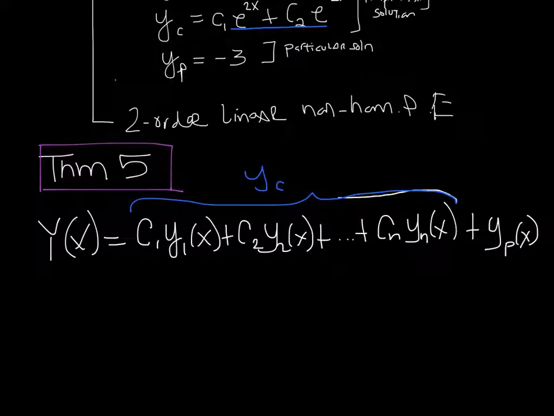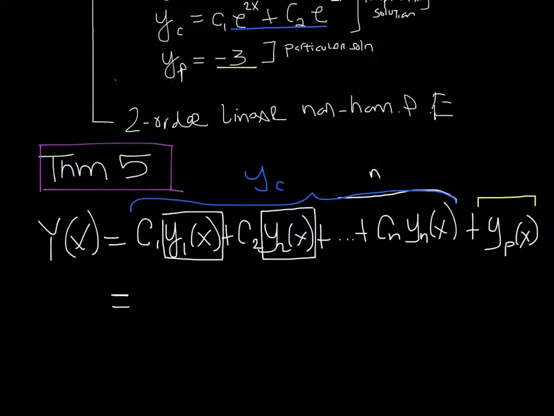And then the y sub p, well, it's given. It's just a nice constant function in this case. It's not always a constant function. So we want to find our capital Y of x. Well, we already know what y1 of x is, and in this case n is 2, because that's a second order.